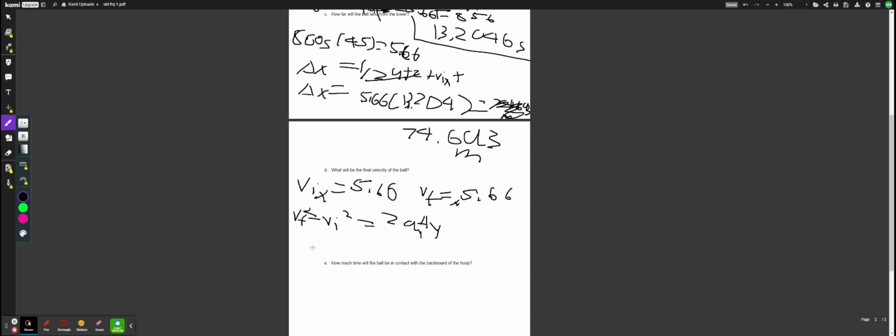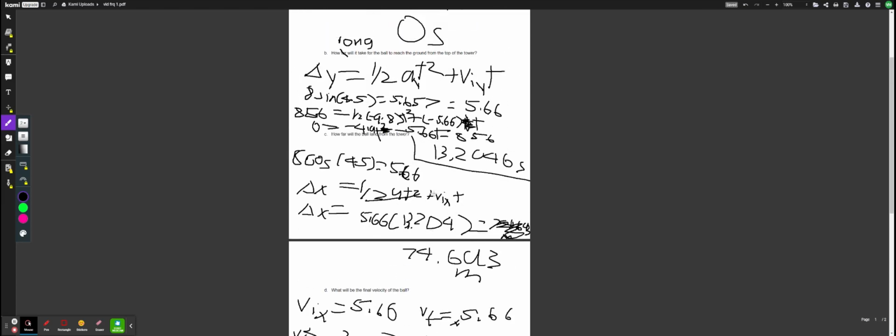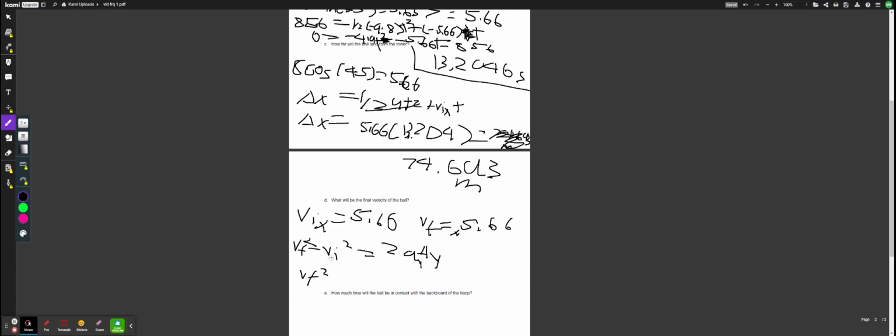So first, vf squared is what we're trying to figure out, minus vi squared. We know from the previous part that vi is 5.66. Well, it's negative 5.66.